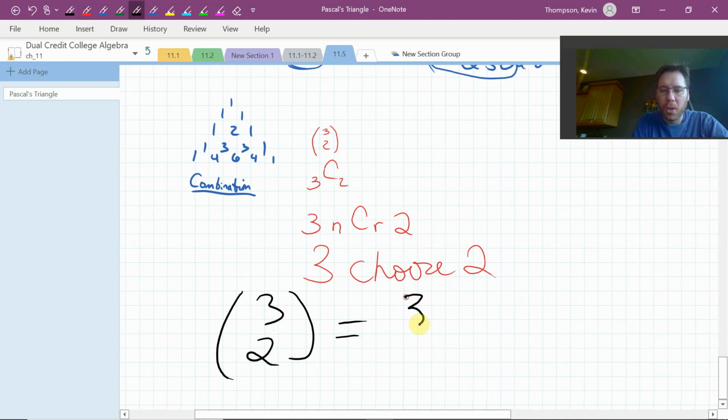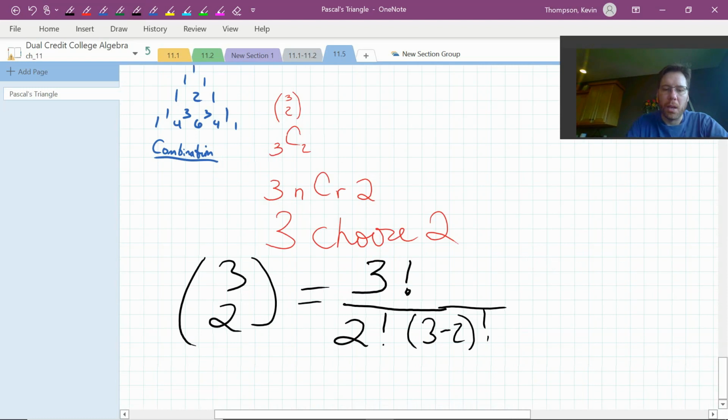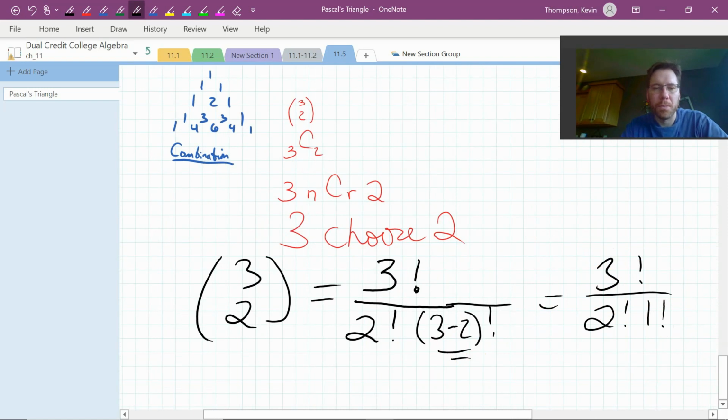It's saying 3 factorial over 2 factorial, and it's also divided by 3 minus 2 factorial. Okay, so you're going to subtract the numbers, and that becomes a second thing you're dividing by. And so this becomes 3 factorial over 2 factorial and 1 factorial. So it's divided by both of those.